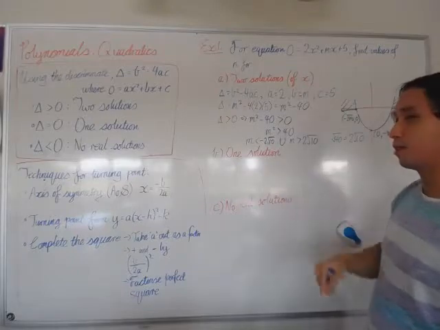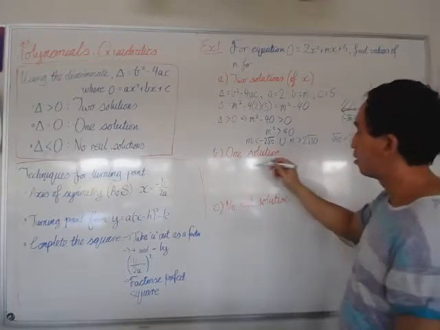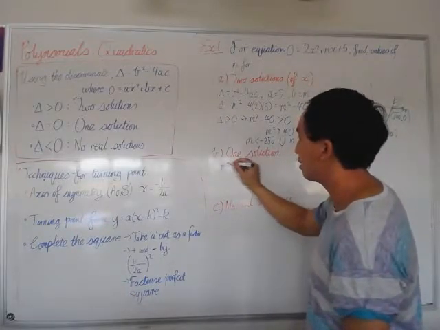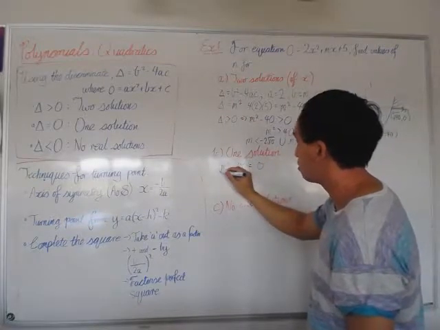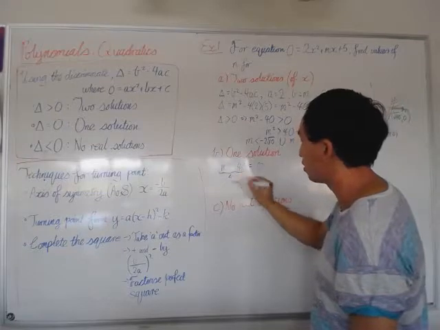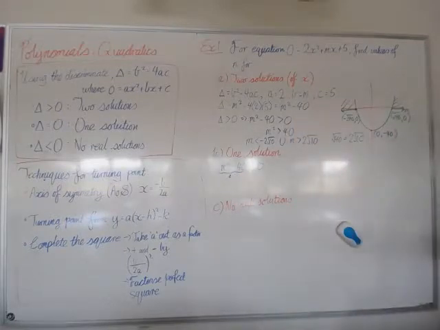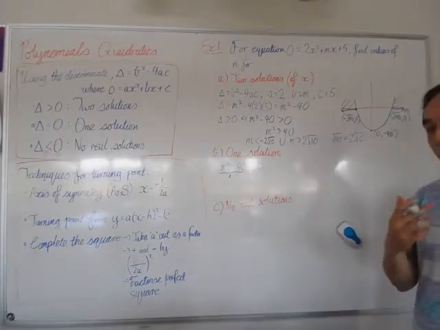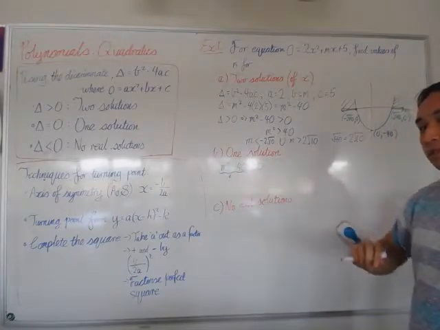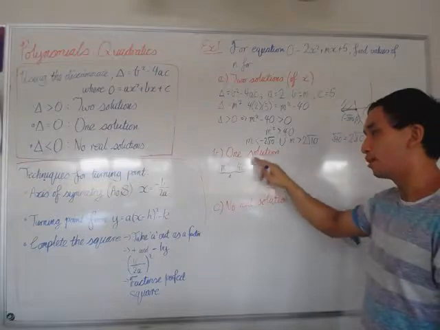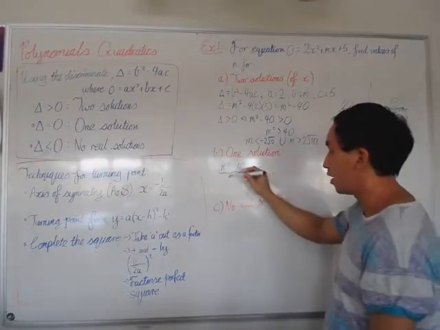For one solution, this one's a lot simpler. All we need to say is m squared minus 40 is equal to 0, because remember, this is the discriminant. If your discriminant is 0, we want to find a value of m where this equation is true.